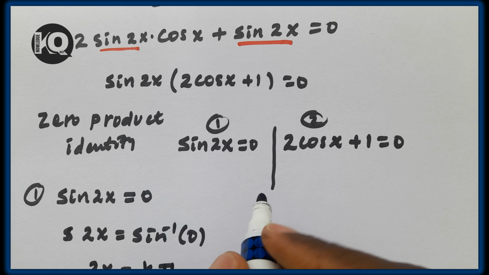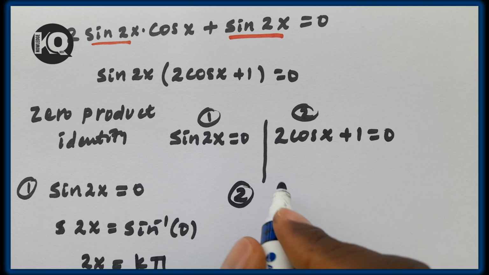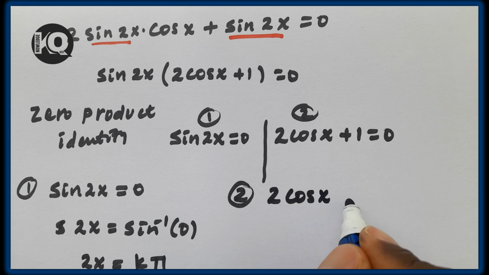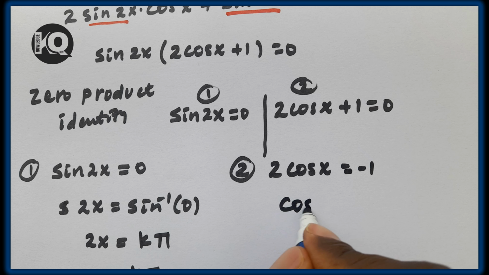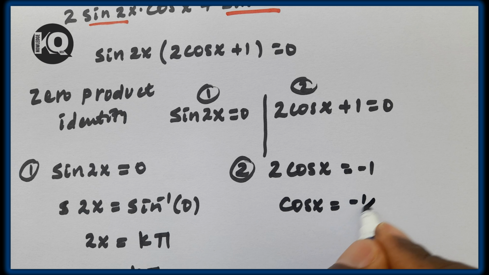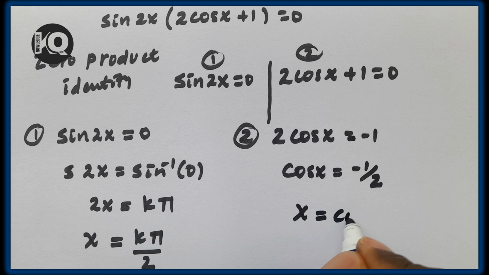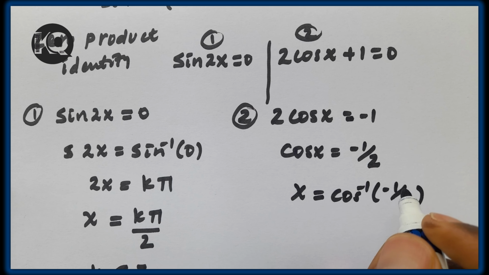And for the second case, we do have 2 cos x, which is equal to minus 1. So cos x is equal to minus 1 over 2. So x will be cos inverse of minus 1 over 2.